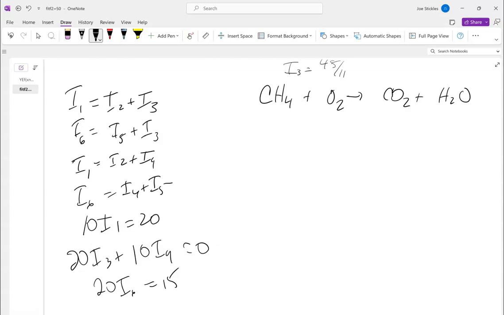So let me call these X1, X2, X3, X4 as we go across. Then we go across the different types of atoms that we have and set up our equations. Notice we've got carbon atoms, oxygen atoms, hydrogen atoms, and everything has to be the same for the number of atoms.